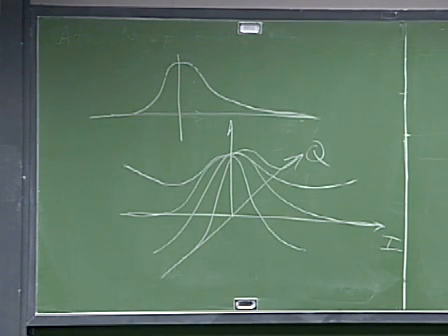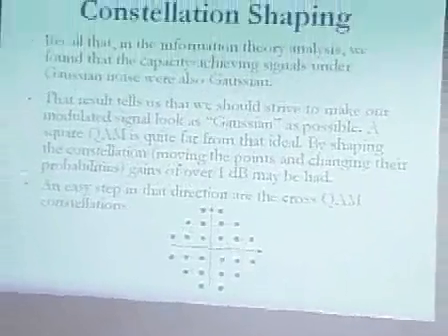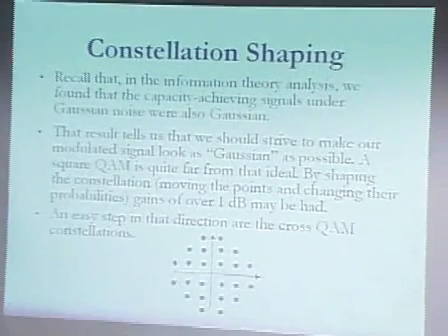So if you look at a square QAM, it doesn't have this property, right? This is square, so if you rotate it 30 degrees, it looks different, right? It doesn't have this property that you can rotate it around and it remains the same. So to make it look more Gaussian, we have to make it look more circular, okay?